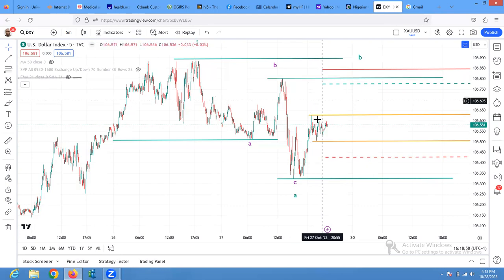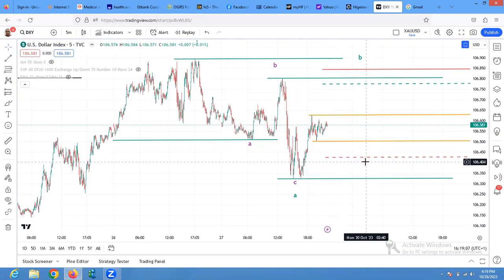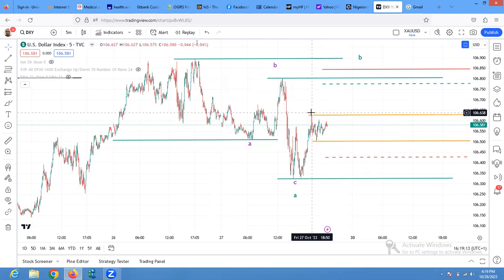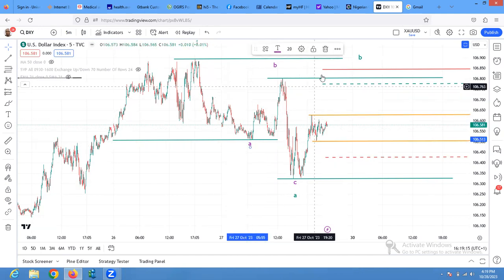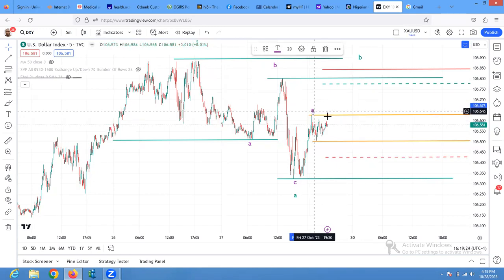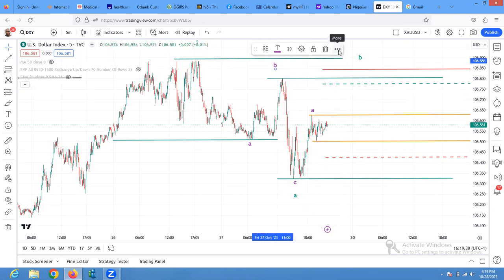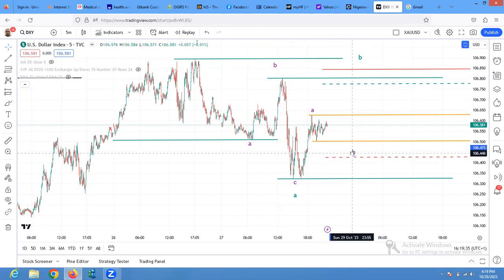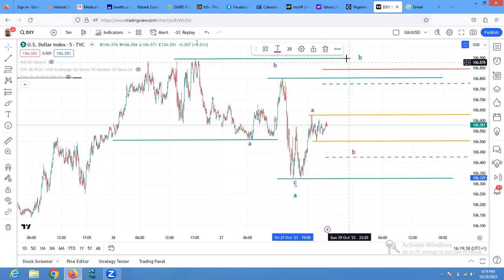So what we are saying is the B wave is going to probably go up and go up the more and begin to break down as a C wave to the downside. So if this is a B wave, this may just be a part of a B wave. And we want to see a B part of a B wave before we do a C part of a B wave.